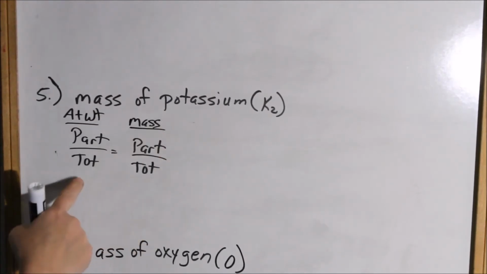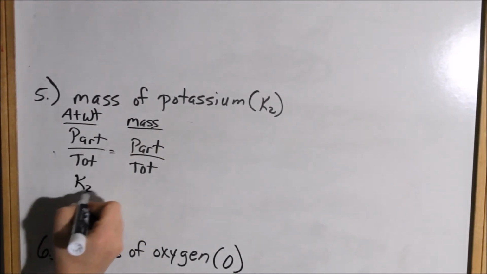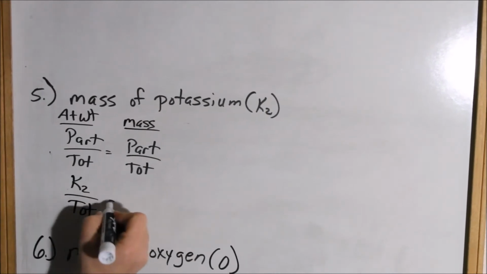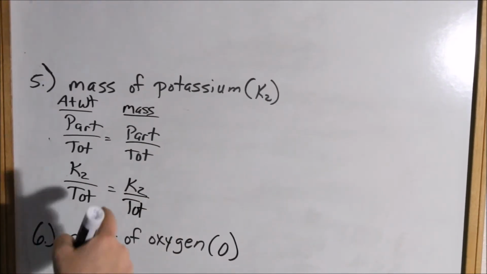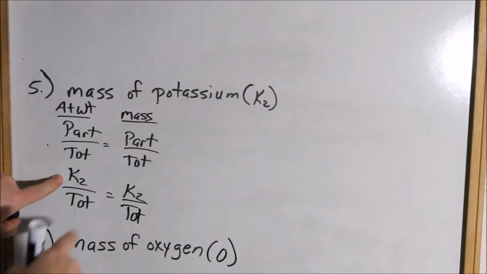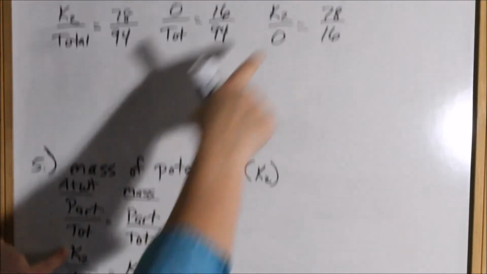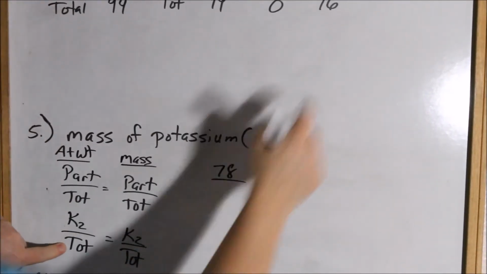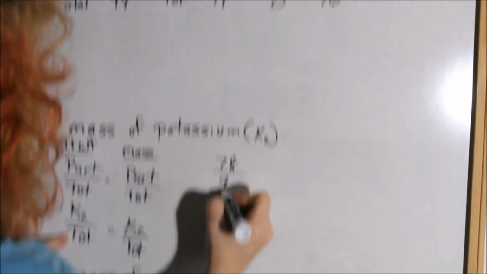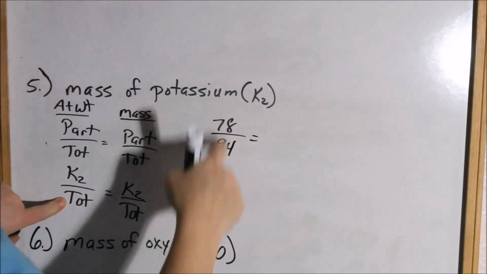So to do the potassium, we're going to do the K2 over the total to K2 over the total. So let's get the information from the atomic weight. Potassium is 78 over the total atomic weight, which is 94. This is our atomic weight ratio.